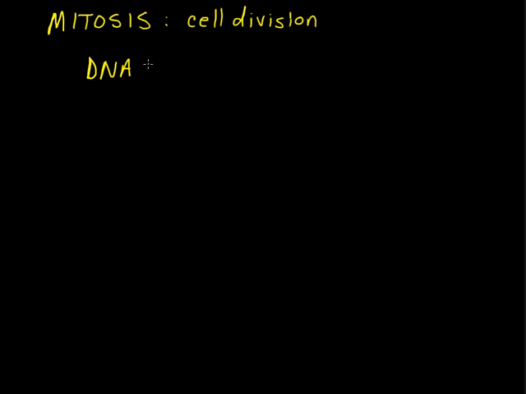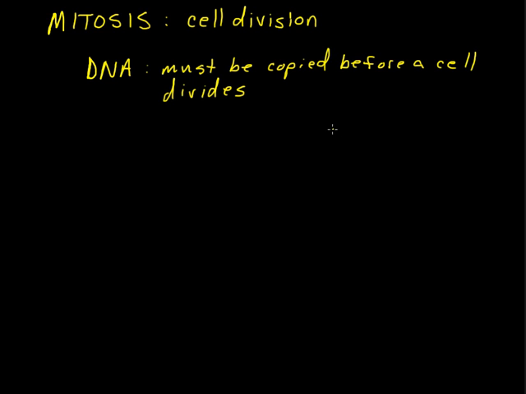And the DNA, again, must be copied completely before a cell divides. Otherwise, you're going to have mutant cells being created. They won't have a complete copy of the owner's manual, and so they therefore likely will not be able to function as a normal cell would function.